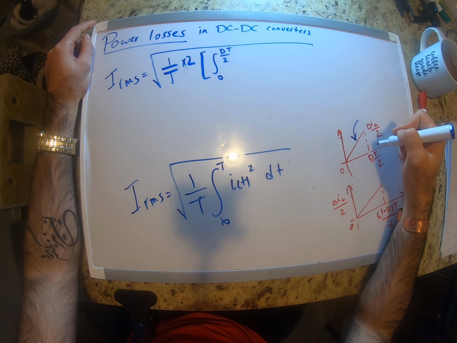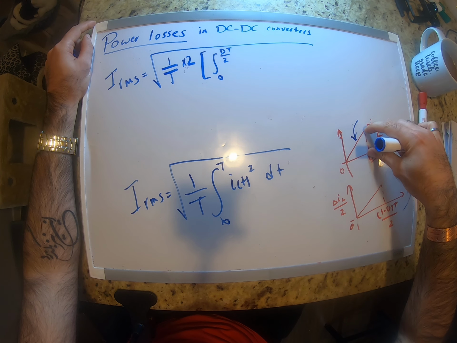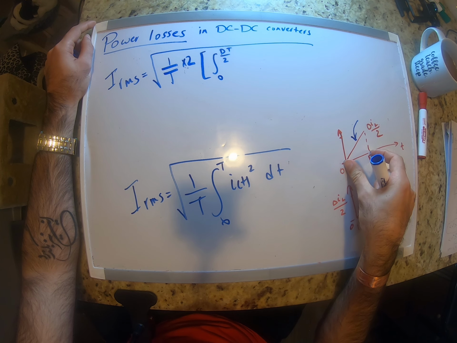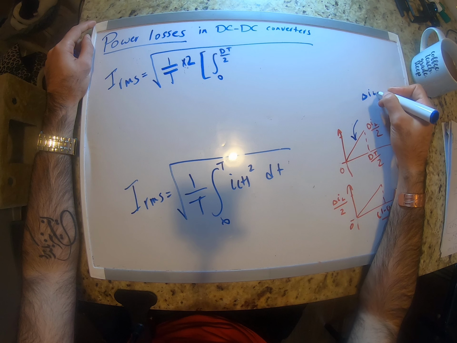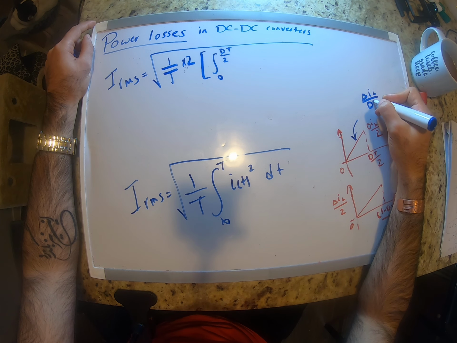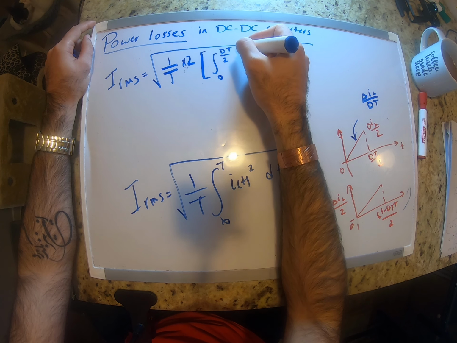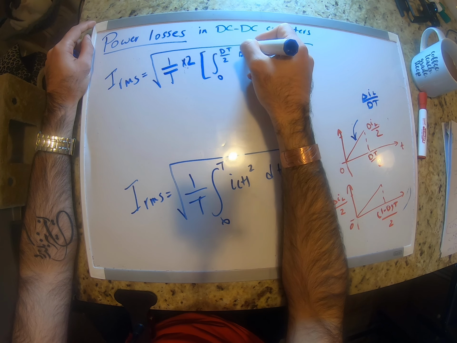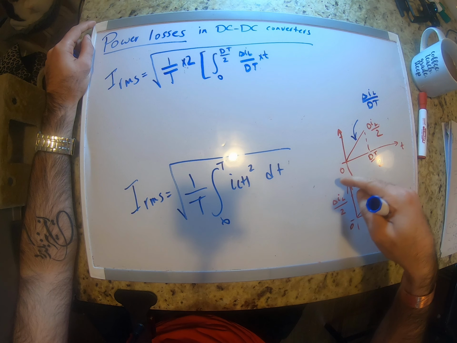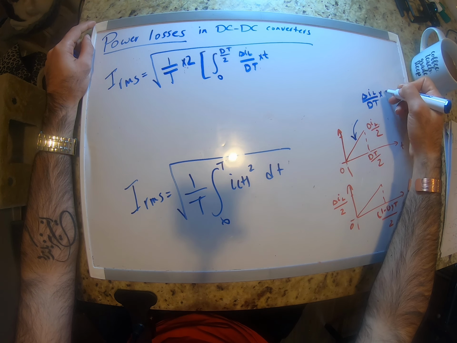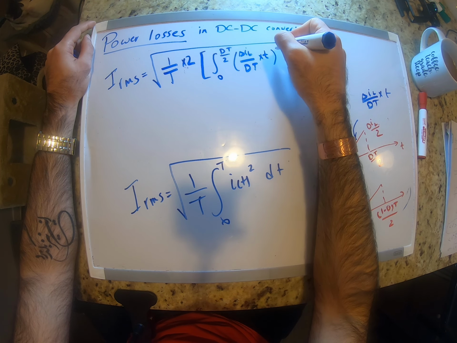The slope of it is delta IL divided by 2 divided by dt over 2, so it's basically delta IL divided by dt. So this is delta IL divided by dt times t. That's the equation of this line, raised to power 2.